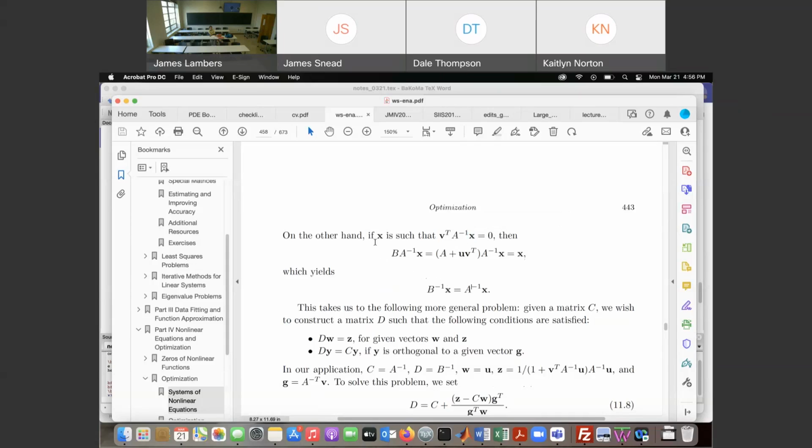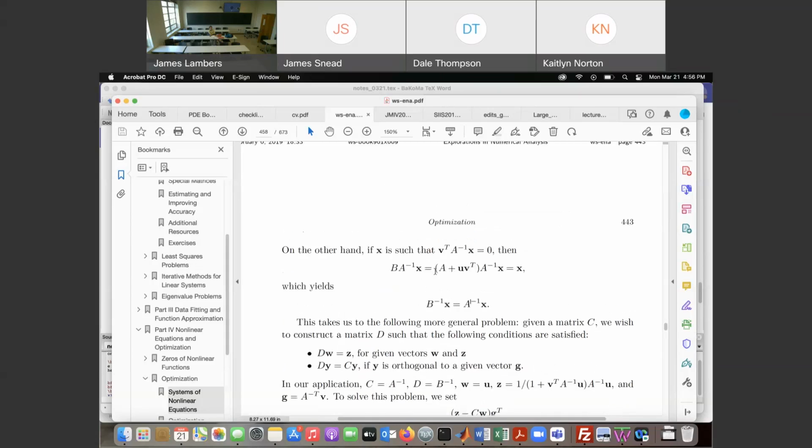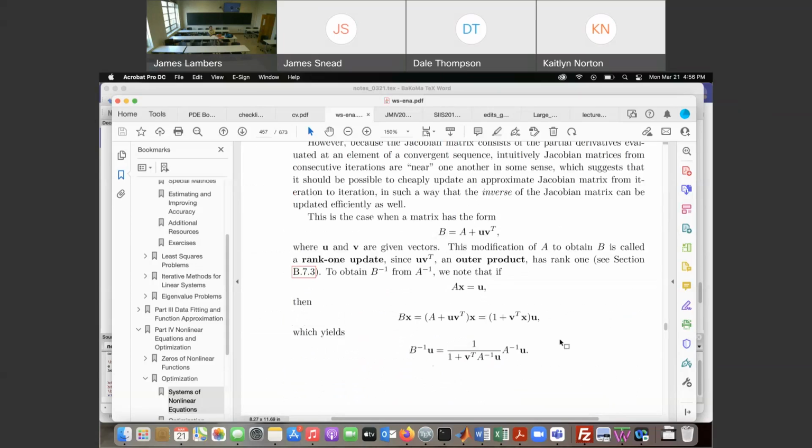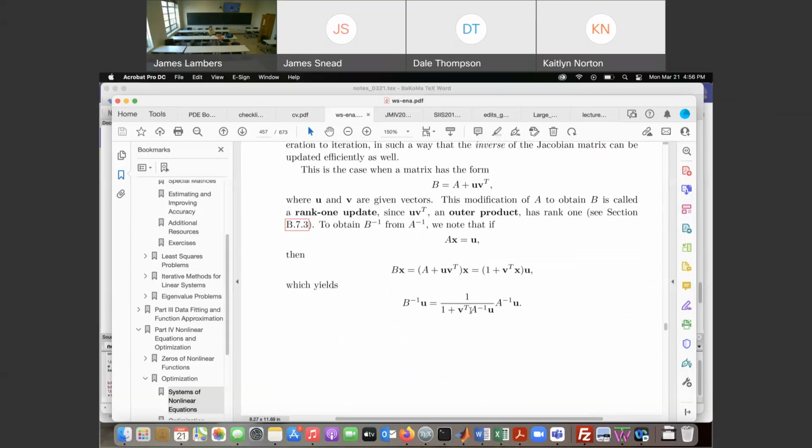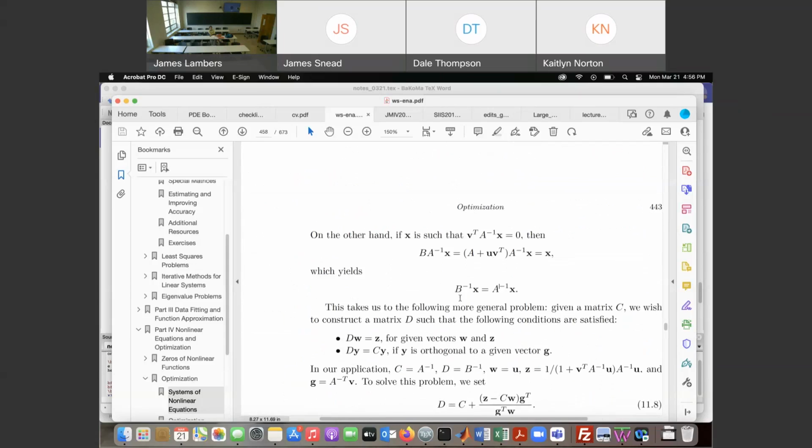So I have this condition that applies to an n-1 dimensional space, and this condition that applies to a one-dimensional space. In other words, I've covered n dimensions, the whole space. That means that these two equations are enough to define B inverse completely. But how do I get the actual formula? That's the question.